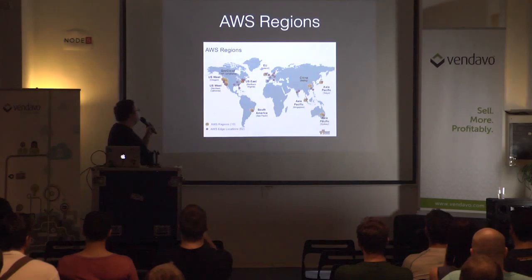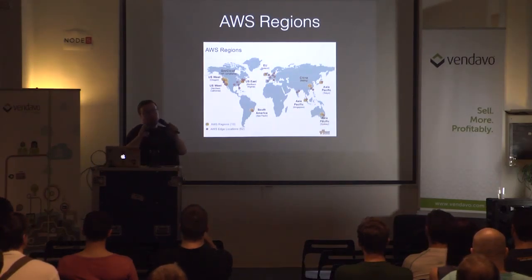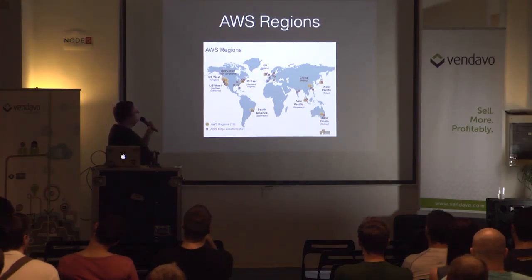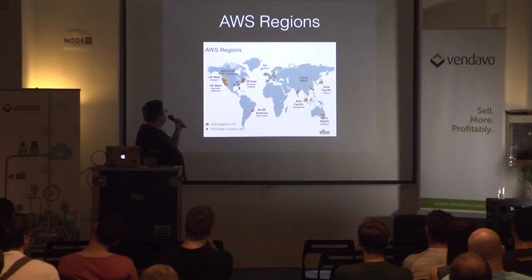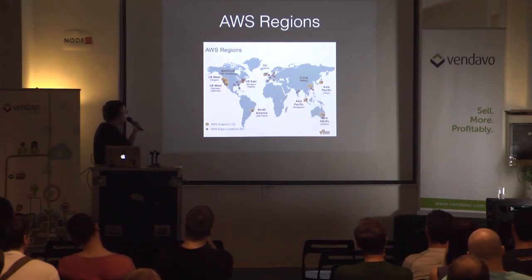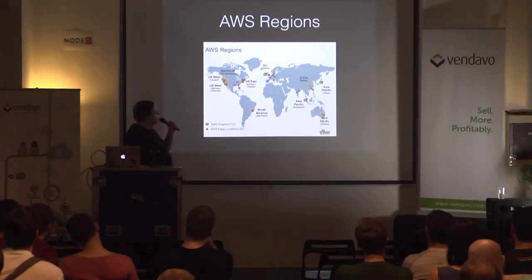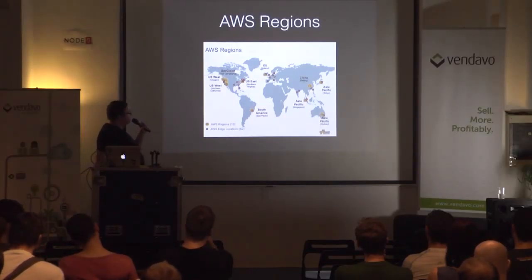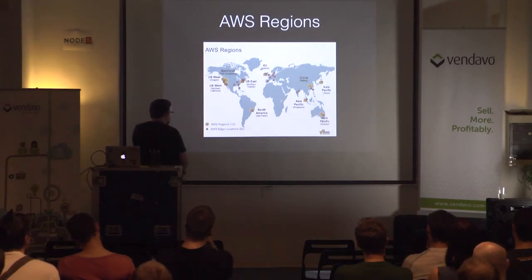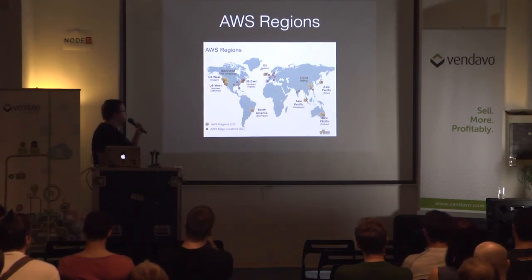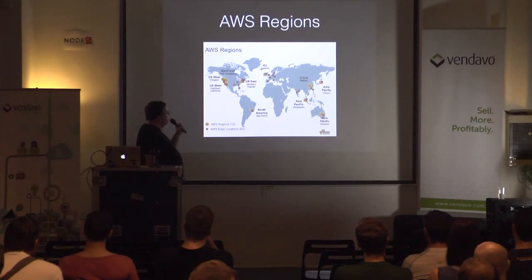We have two in Europe, Ireland and Frankfurt, and the US is always the first region. Amazon has 10 regions now and 52 edge locations.